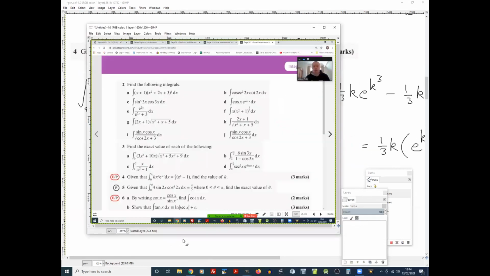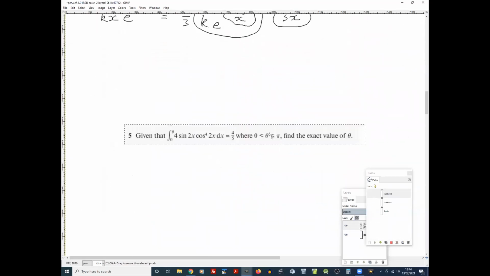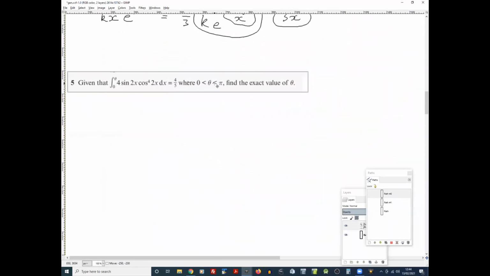5. Right. Okay, so again, we'll ignore the 4/5. We'll just do the integral and then use the extra information.